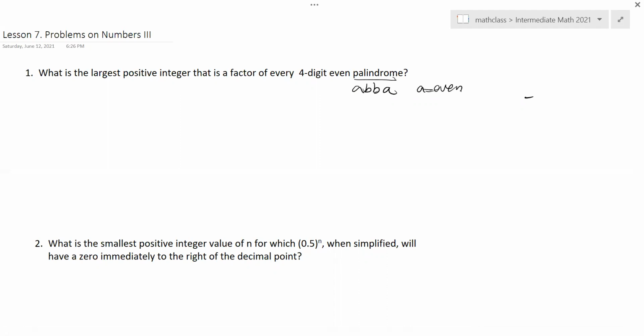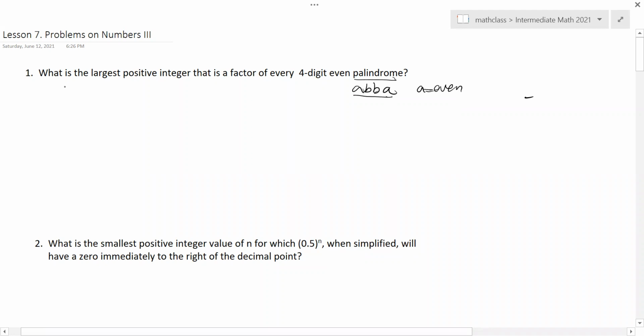So we want to make sure the number you're looking for is a factor of all such 4-digit numbers. So how can we solve this type of problem? Well, we should know how to express 4-digit numbers using the digits.